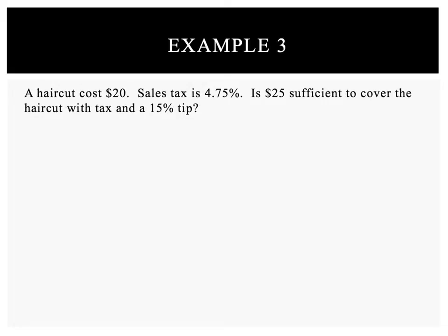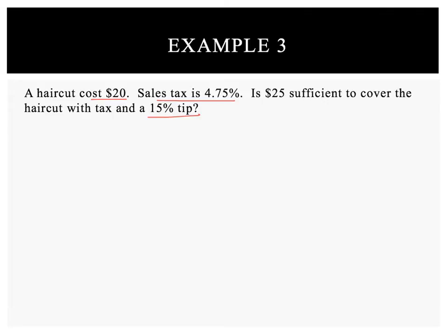So now we have example 3. It says a haircut cost $20. The sales tax is $4.75. Is $25 sufficient, which means enough, to cover the haircut with tax and a 15% tip? So, I've got a lot of things I have to do. Okay, I'm going to use method 2 because I think it's easier.